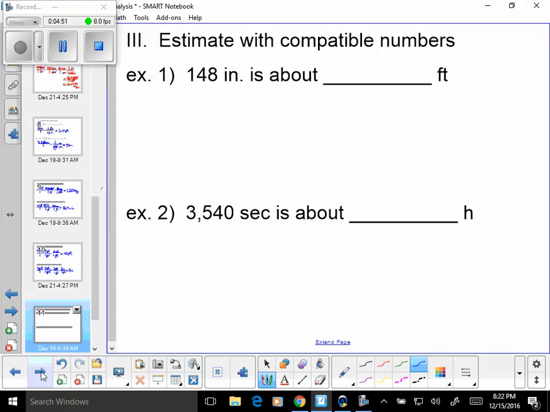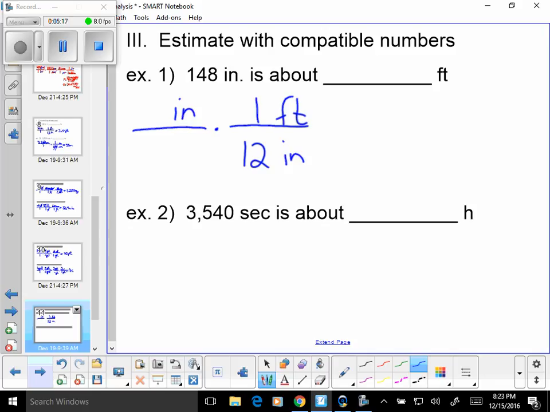Okay, the last thing we're going to be doing is estimating with compatible numbers. Now if you remember, this means we're going to do some division. We know that if we are going to go from inches to feet, we're going to have to put the inches on the bottom. And we know that there's 12 inches to a foot. Now I'm estimating because I'm not going to take 148 divided by 12.